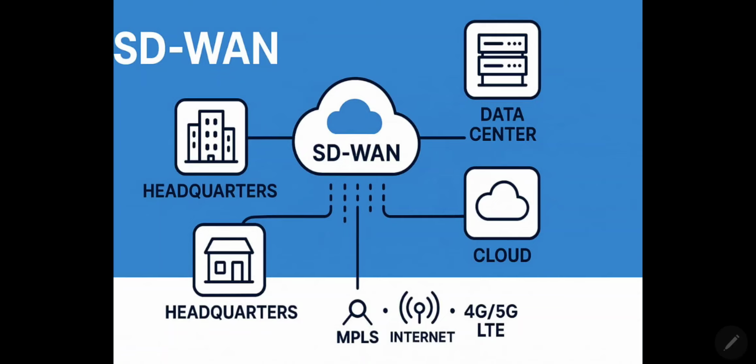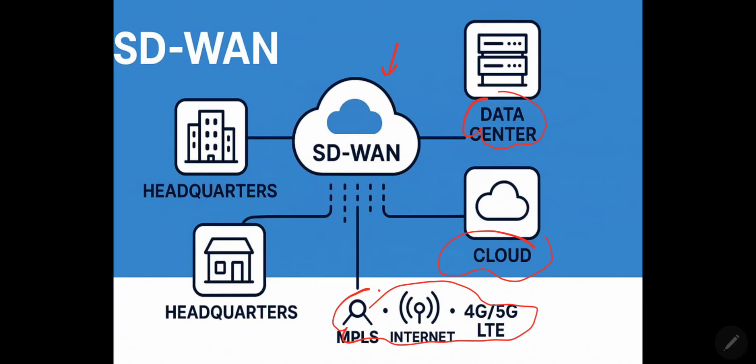If you can see in this architecture, SD-WAN here can manage all of this traffic from headquarters, from the data center, from the cloud, or from this network.